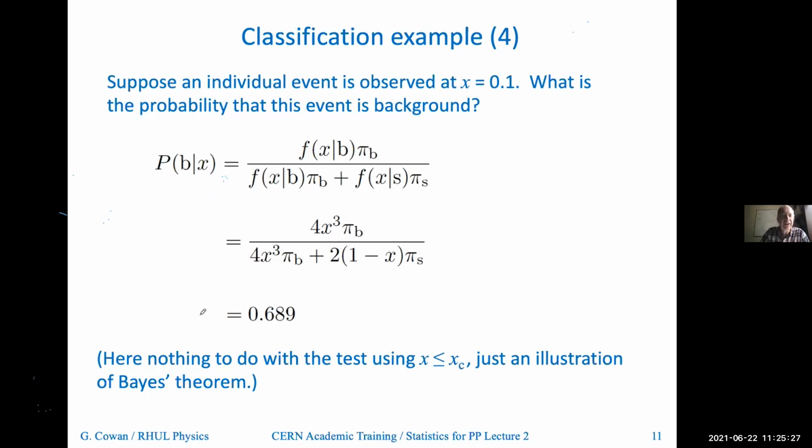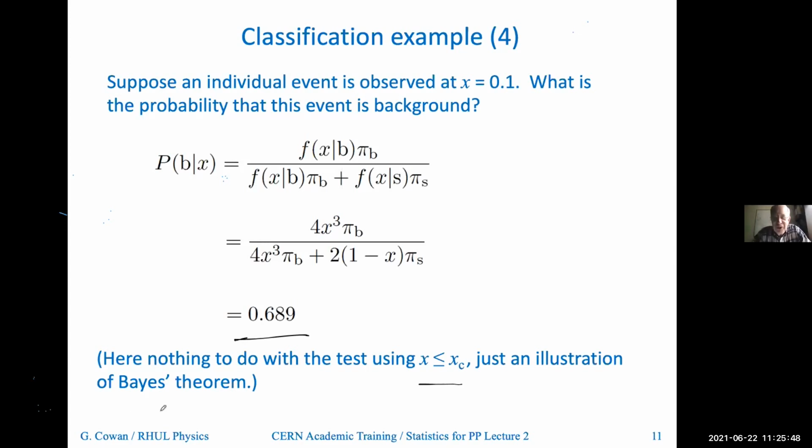And that would say that in this particular example, being at X of 0.1 would give you a certain probability, 0.689, that that individual event, here I've worked it out, is a background event. Okay, so that has nothing to do with this test in the critical region. It's just an illustration of Bayes' theorem.